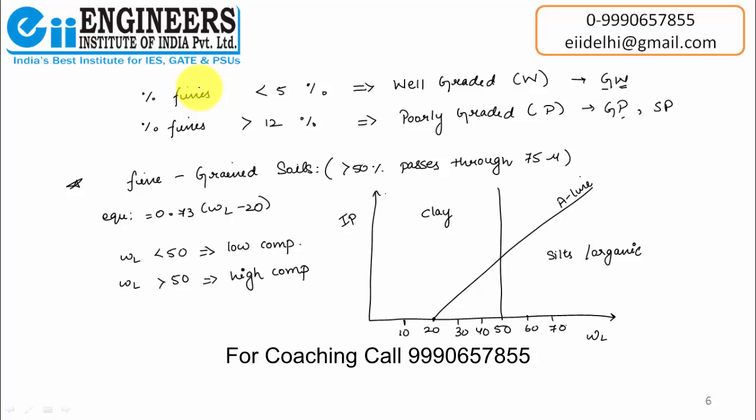This region is clay having low compressibility, so we designate it as CL, and this is clay with high compressibility, so we designate it as CH.